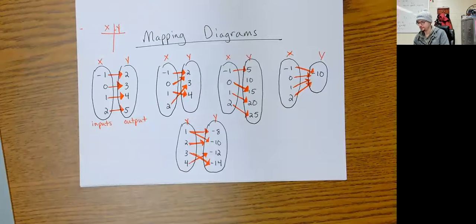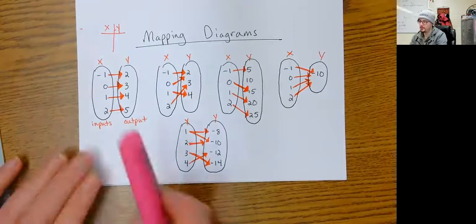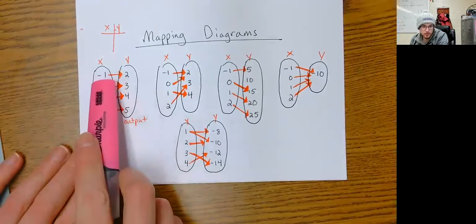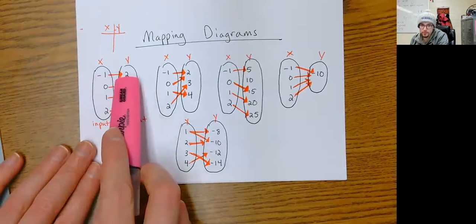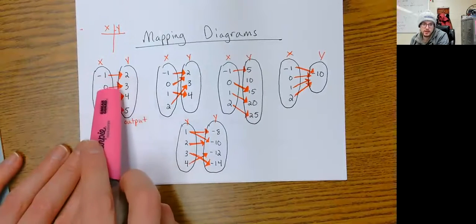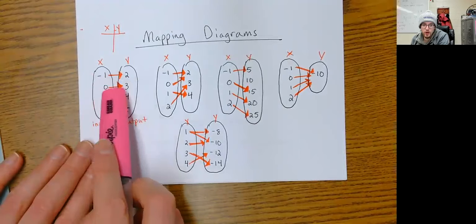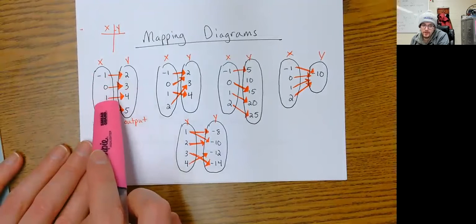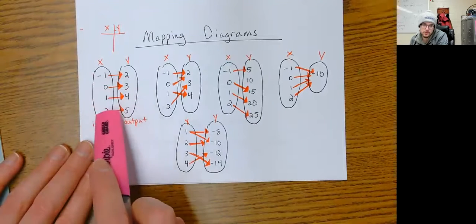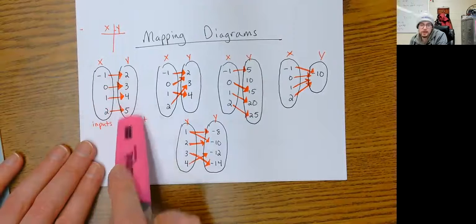Looking here, does this x value of -1 go to only one y? Yeah, it only goes to 2. Does this x value of 0 only go to one y? Yeah. Does this x value of 1 only go to one y? Yes. Does 2 go to one y? Yes.